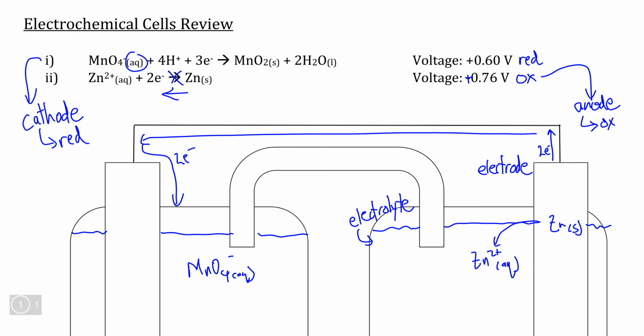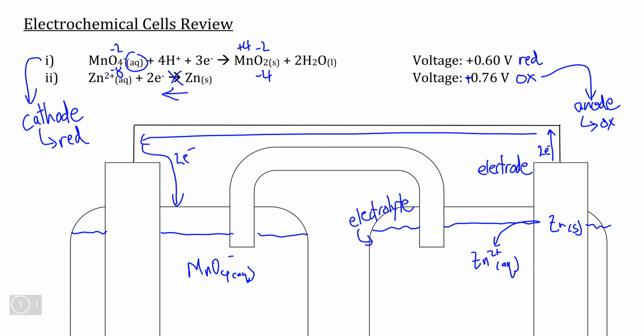Now, if there's any doubt that this ion here undergoes the reduction reaction, we can prove that by calculating the oxidation numbers of the metal manganese. So if we do it with manganese 4 oxide in the products, we know that oxygen has an oxidation number of negative 2. Negative 2 times 2 is negative 4. And to balance out this charge, manganese is going to have an oxidation number of positive 4. Now, if we compare this to the oxidation number of manganese in the permanganate ion, again, start with oxygen's oxidation number, negative 2.